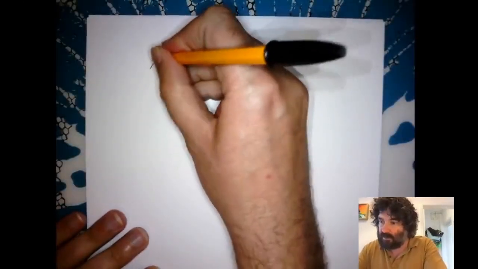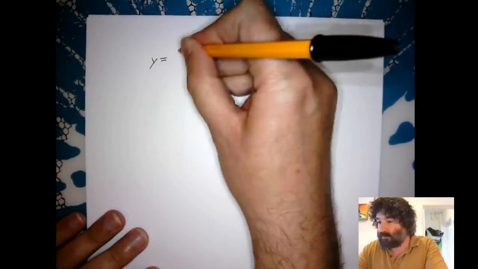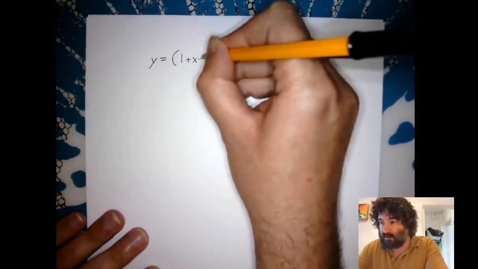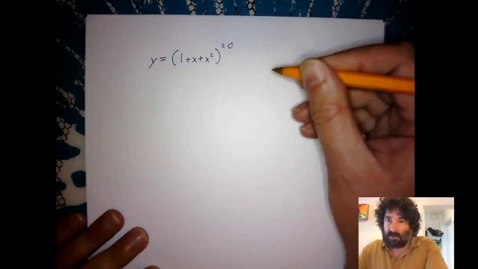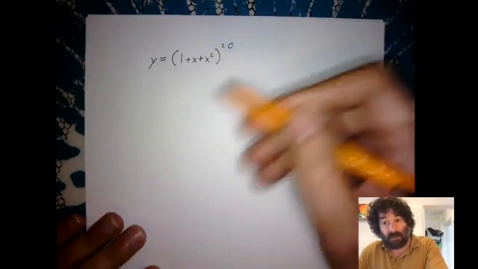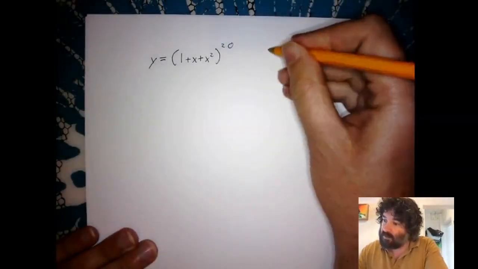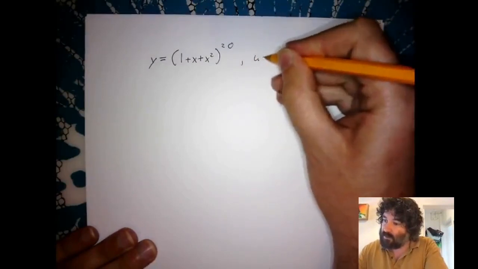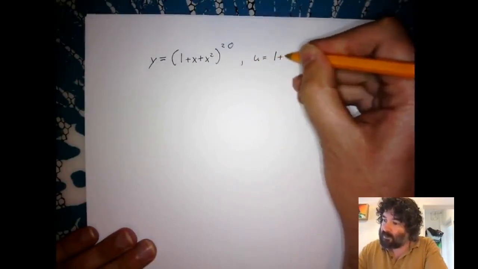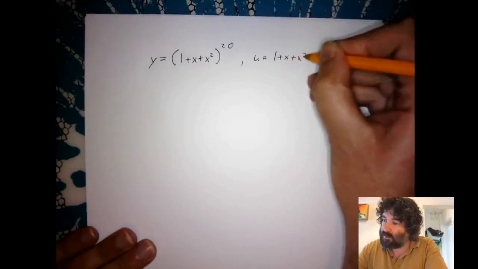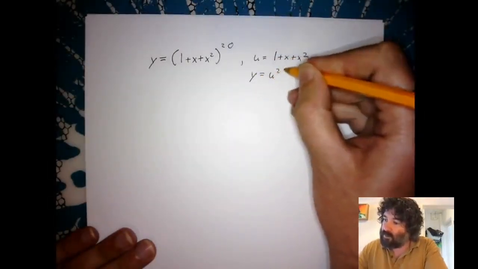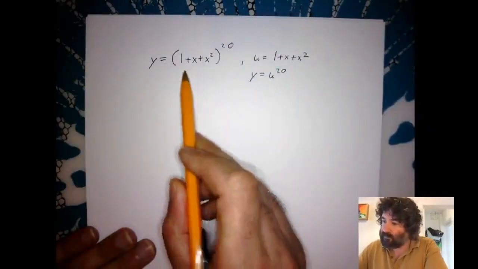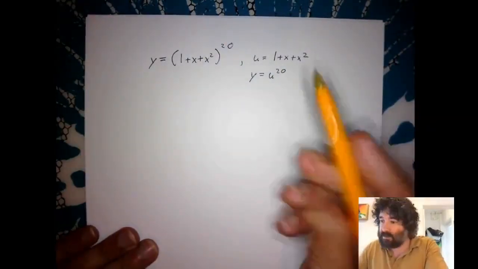So now here in this example, y was 1 plus x squared raised to the 20th power. And so we want to write this as a composition of functions. So we're going to take u to be 1 plus x squared. And y is u raised to the 20th power. So it's a composition of these two functions.